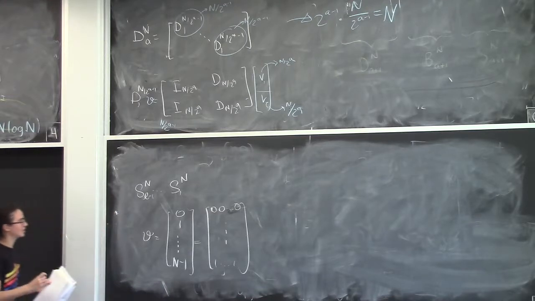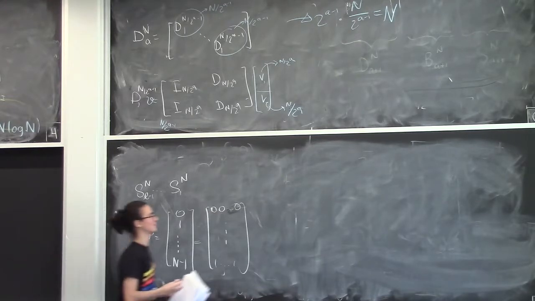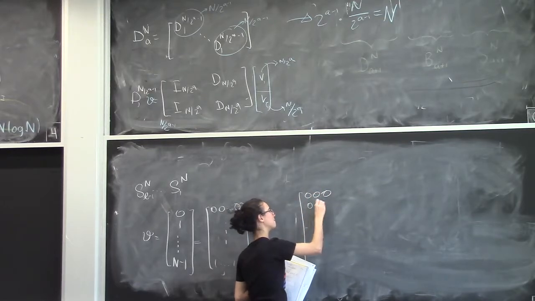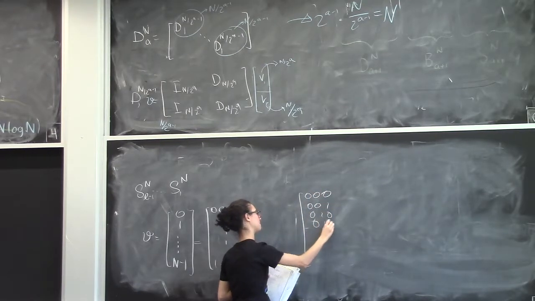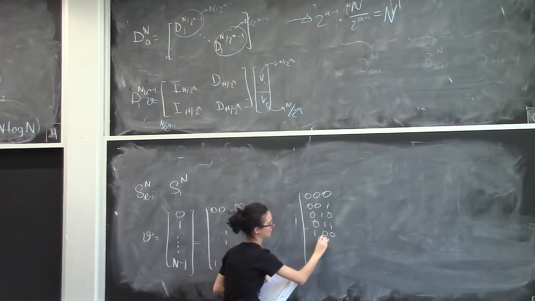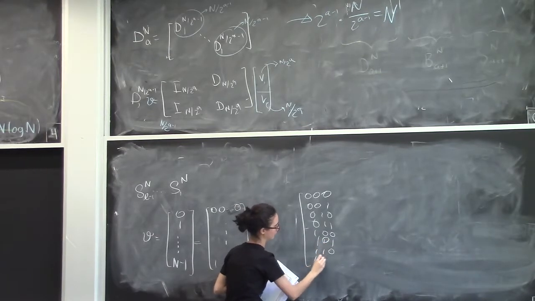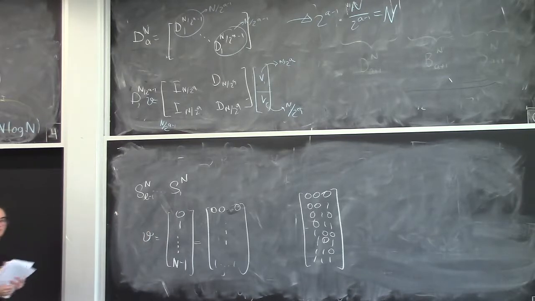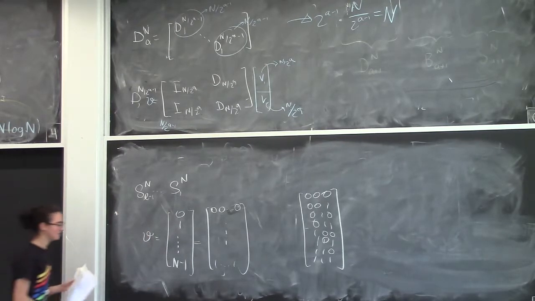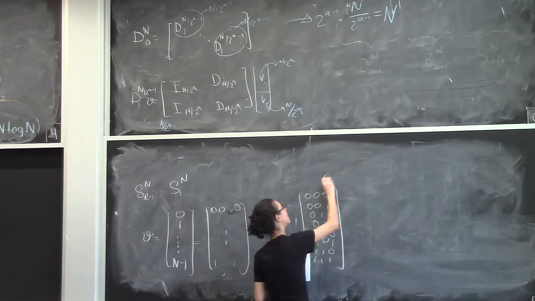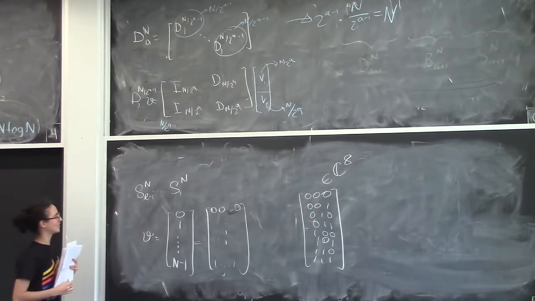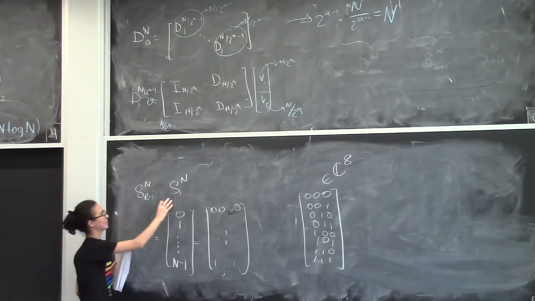In particular, in the case that n equals 8, how does this look? Okay, looks like this. And that's a vector, right? Yeah, this is a vector in C8. Okay, but then we're going to apply the matrices.